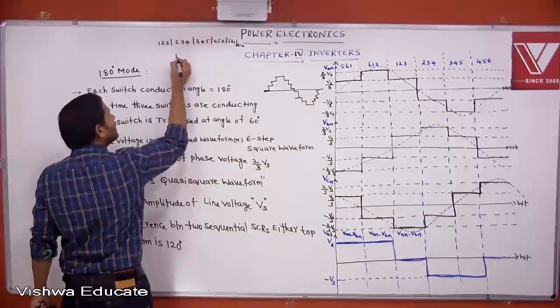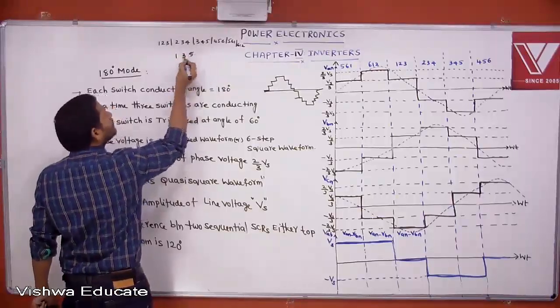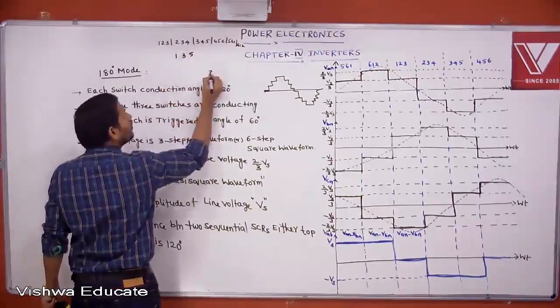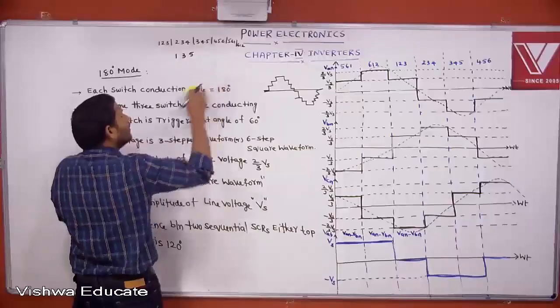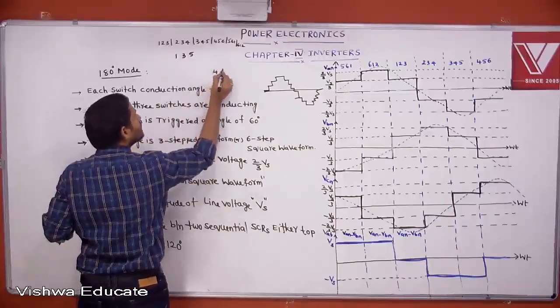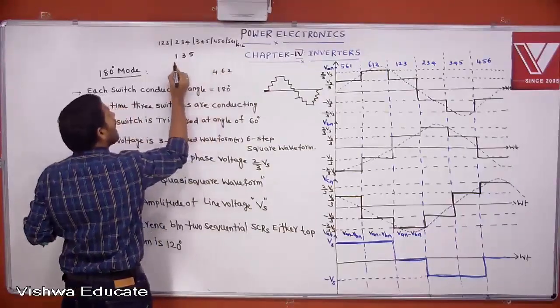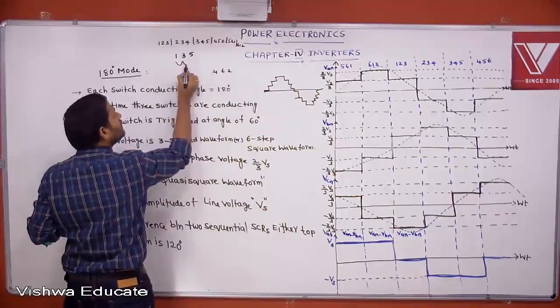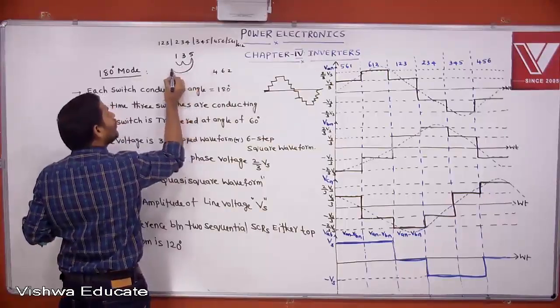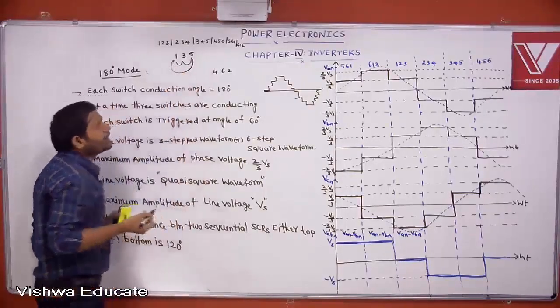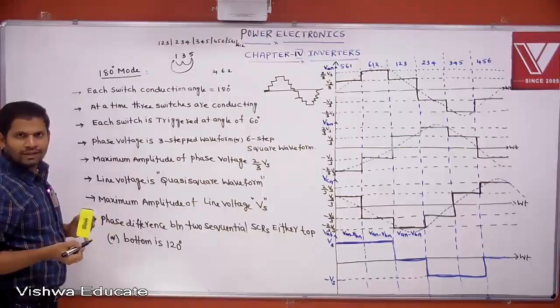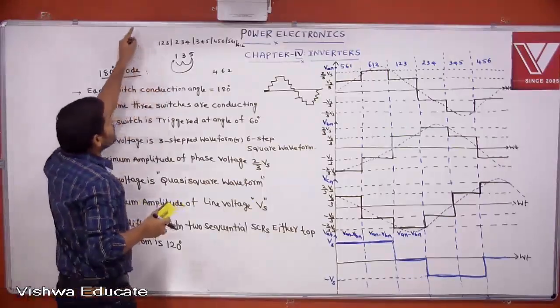Top means 1, 3, 5. Bottom means the negative group 4, 6, 2. The angle between 1 and 3, 3 and 5, and 5 and 1 is 120 degrees. Listen please.